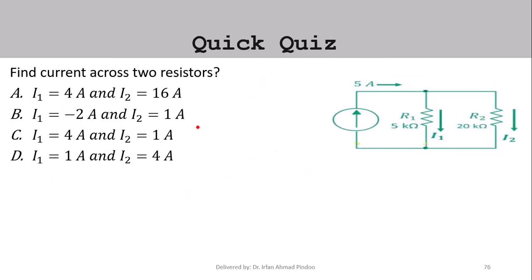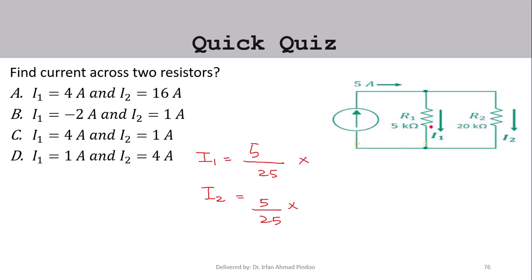Let's see one question based on it, so that you get to know how to use it. Suppose we have to find the I1 value and also the I2 value. First of all we write total current by total resistance. Total current is 5 and total resistance, R1 plus R2, is 25. This thing is common in both the currents. Now we have to write the value of the resistance.